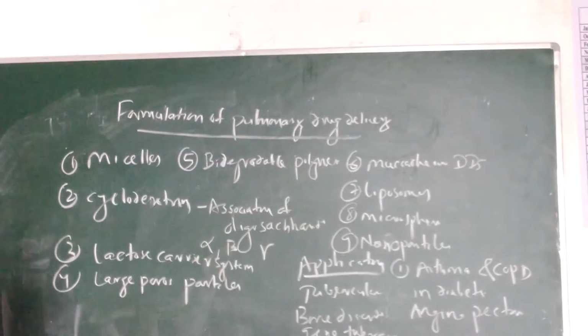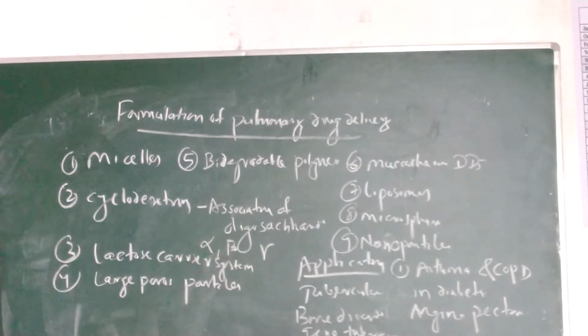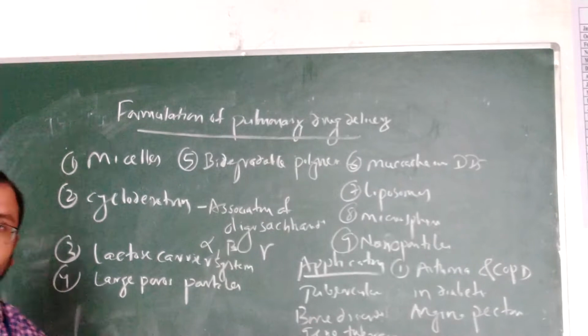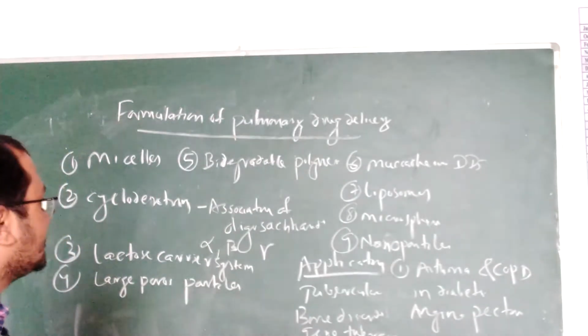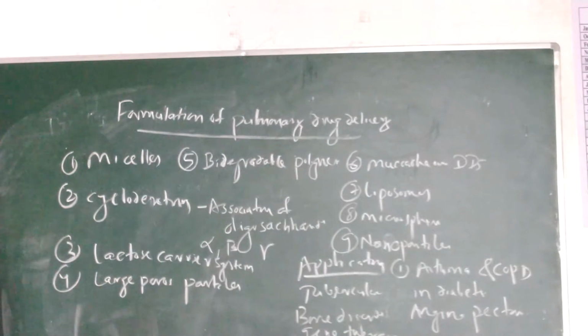It's not only for pulmonary drug delivery; we also use it for solubilization, for coating of different drugs, and to prepare nanoparticles. We use micelle formation, and it changes the release properties. Also, it increases the shelf life and lowers the toxicity of the drug.